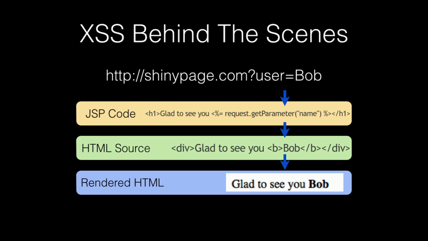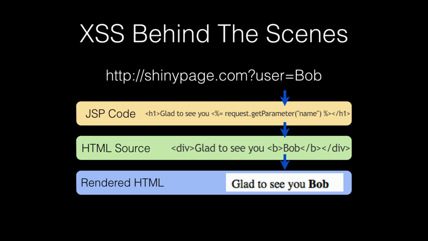So let's dive into what's going on with cross-site scripting, and then we'll do an example in that virtual lab I talked about. Let's say we created a page called Shiny Page, where we pass the username in via a URL argument. So username equals Bob. A very basic example in JSP might be this: glad to see you, get parameter, name.